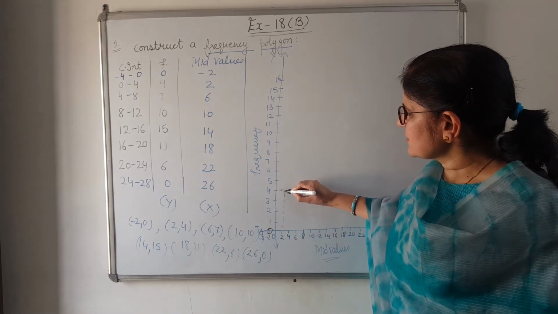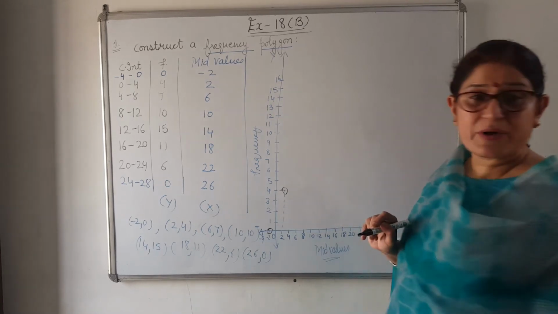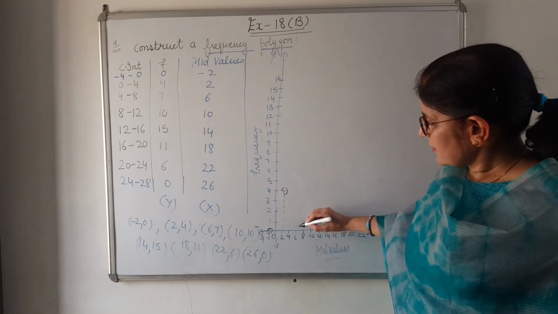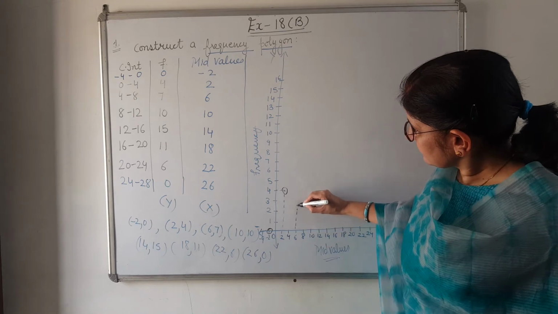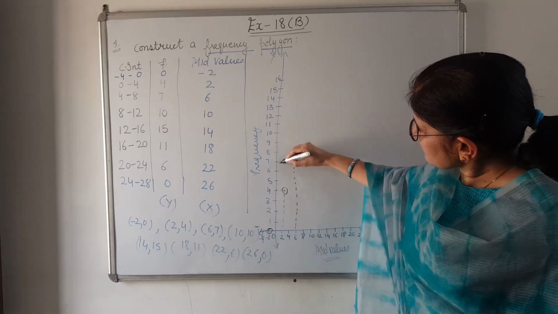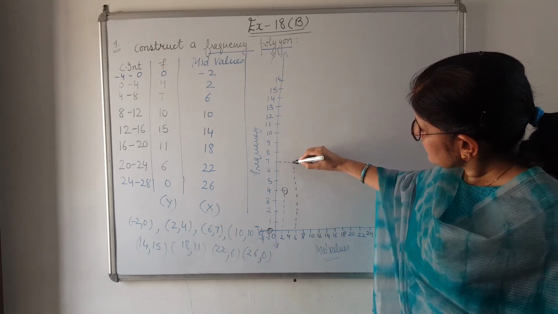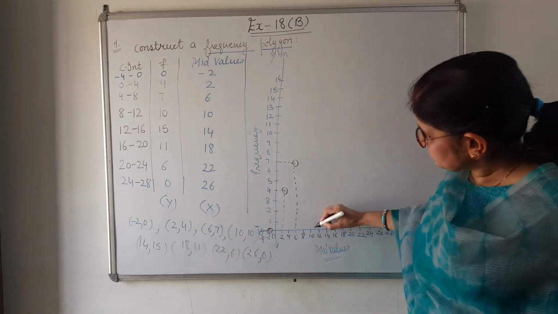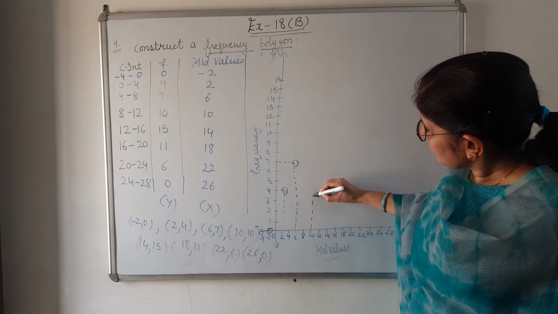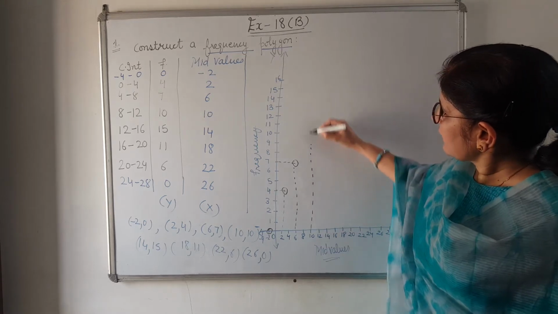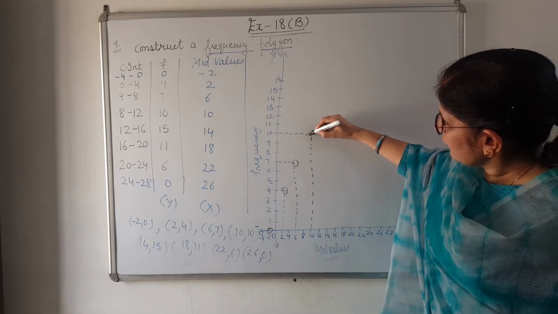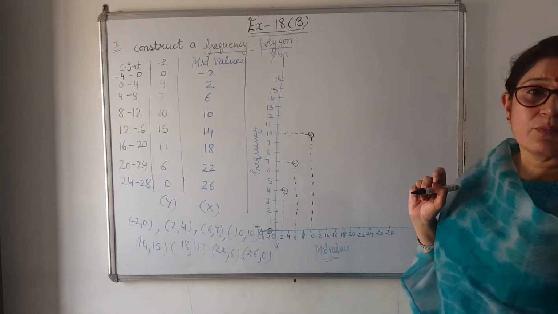You have straight lines on the graph, so easily you can find these points. The next one is 6, 7: x is 6 and y is 7. Next one, 10, 10. From 10 on x and from here also 10 on y, wherever they both meet, that is our point.